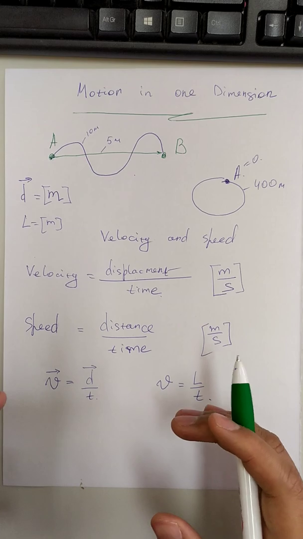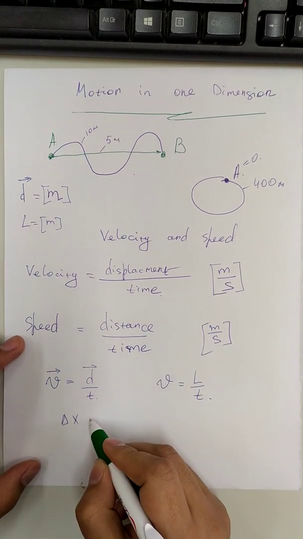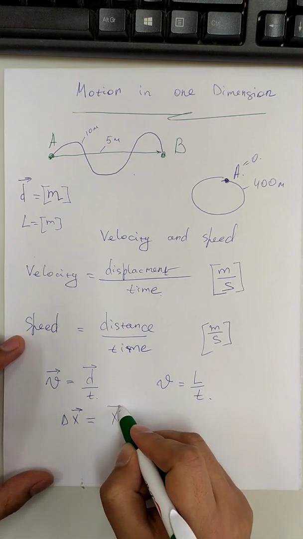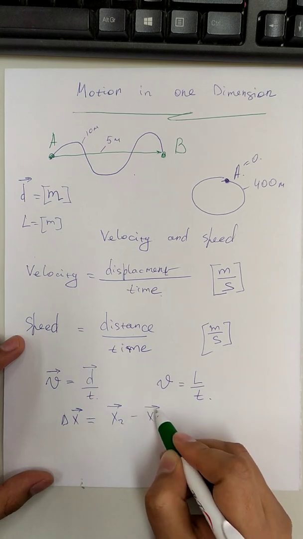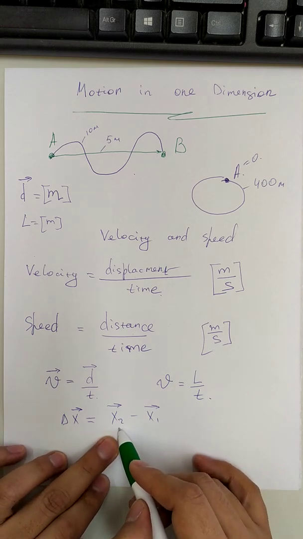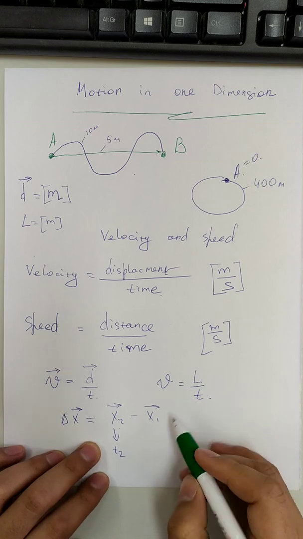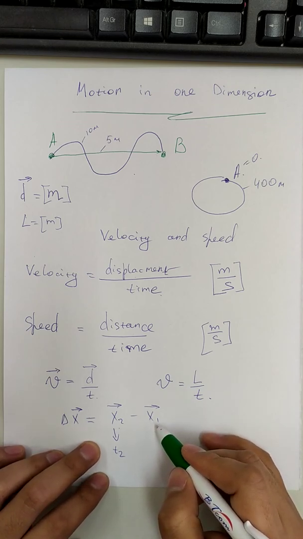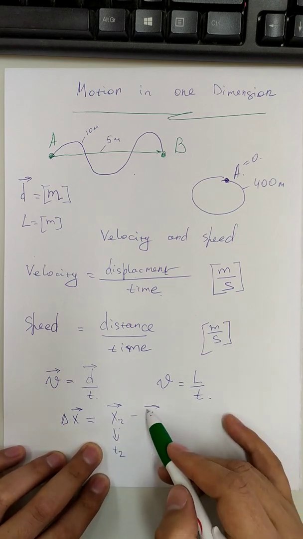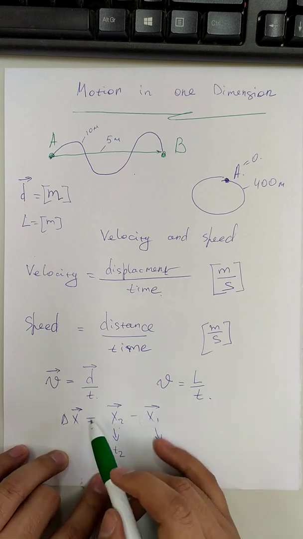So, how do we measure displacement? Displacement is delta x, equal to x2 minus x1, where x2 is the position vector at time t2, and x1 is the position vector at time t1. x2 and x1 are the final position and initial position.